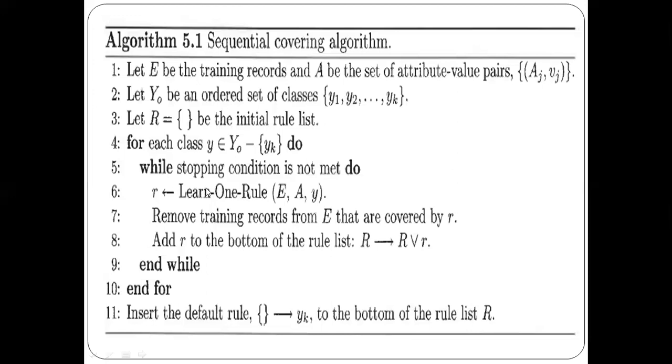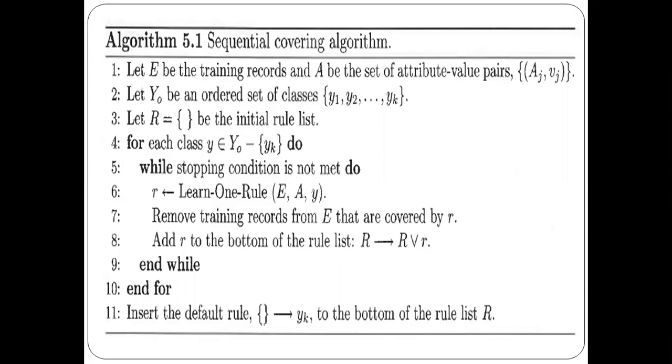As I said, each time we will be extracting one rule at a time. In order to generate one rule at a time, we have used a function, that is the learn one rule function. This learn one rule function will be extracting one rule at a time for each of the classes here. First, for example, it will be generating the rule for the class birds, and then we can have mammals, and then amphibians, reptiles, and then fishes.